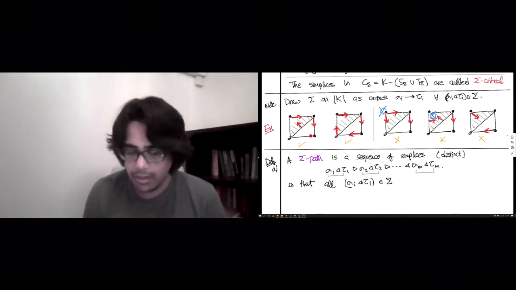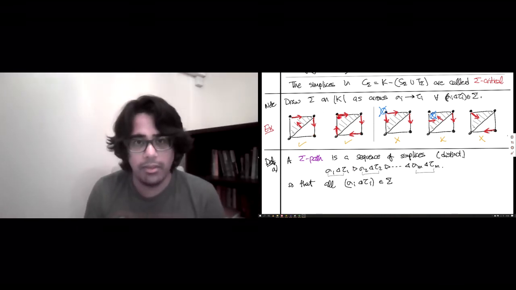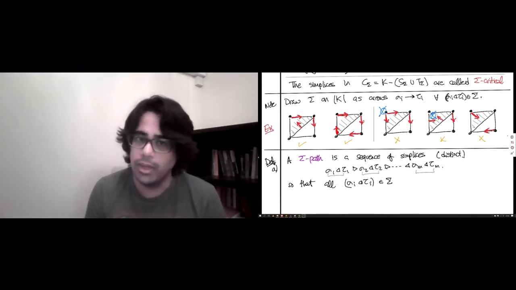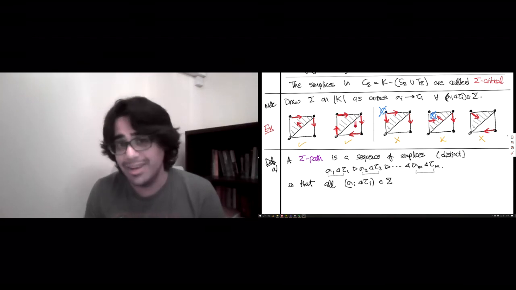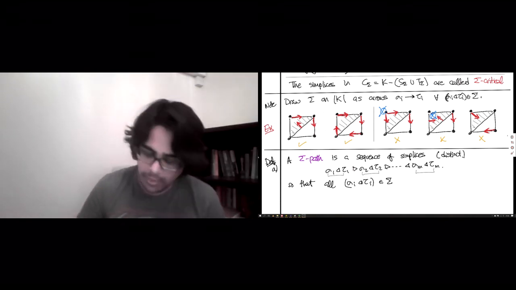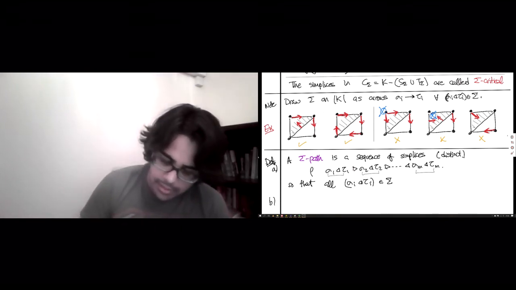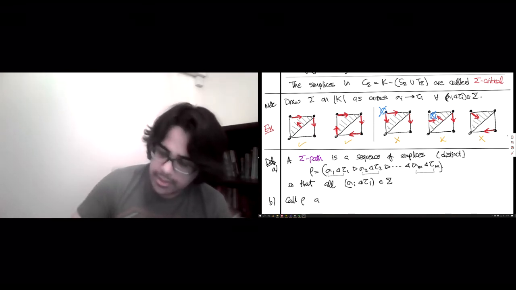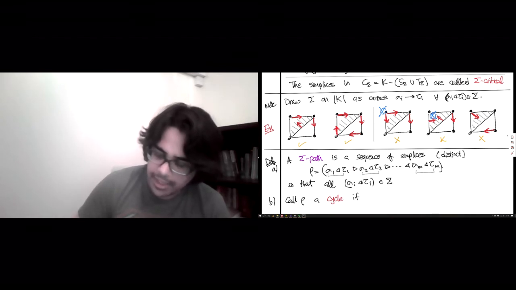On the other hand, if you tried the same game on the second picture, you could go right, you could come down, you could go left, you could go up, and you're back where you started. And you could keep doing that. And that's sort of a recurrent path. So for that reason, it's called a cycle. So let's say this was rho, and we call rho a cycle if it has length greater than 1, and the first simplex is a face of the last one.